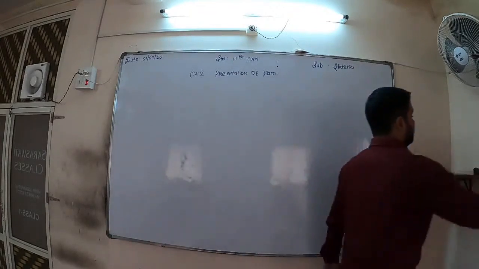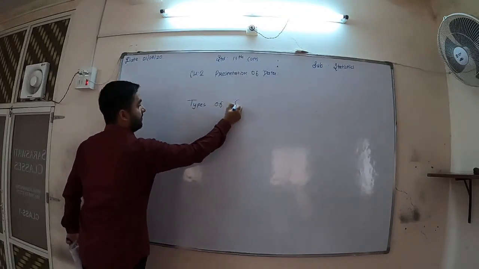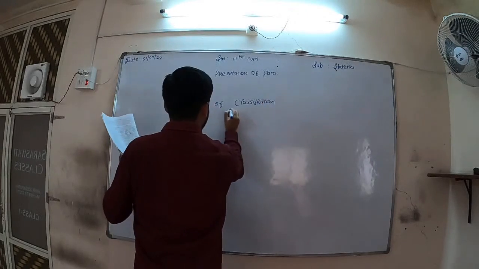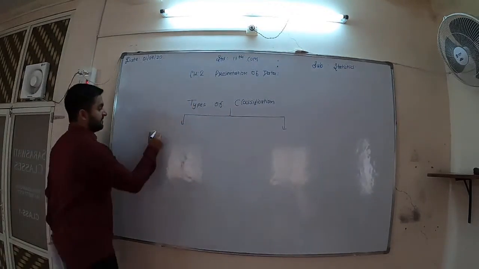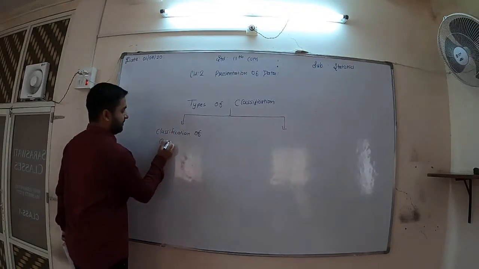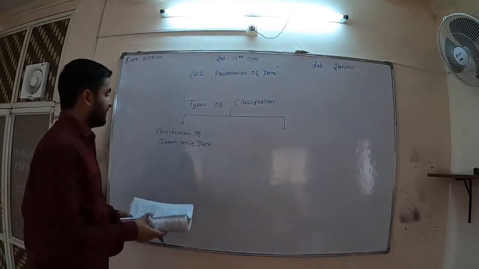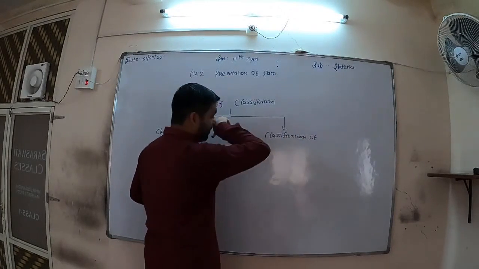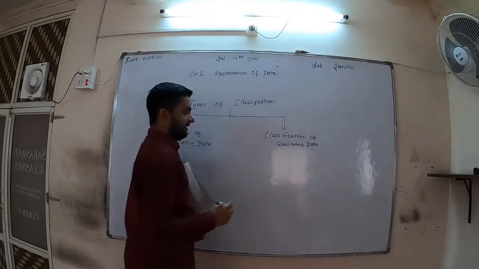See, the data can be classified. Types of classification, in that we can give two main types, that is classification of quantitative data and classification of qualitative data.